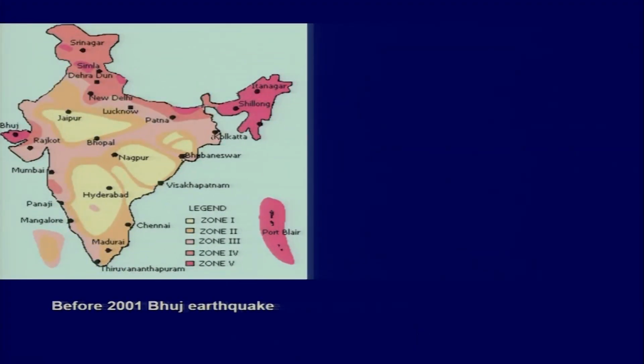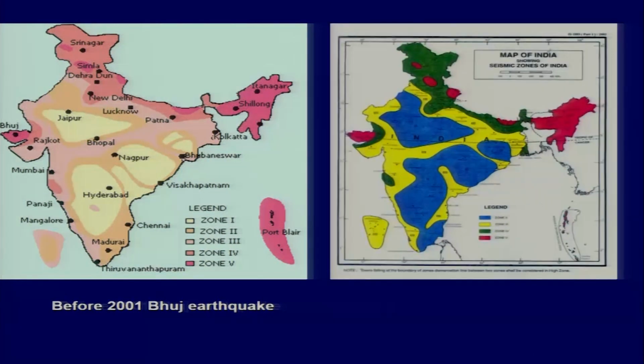So, before 2001 we were having zone 1, zone 2, 3, 4 and 5, but now we have only 4 zones, from zone 2 to zone 5. Zone 1 has been removed. This was after the 2001 Bhuj earthquake.